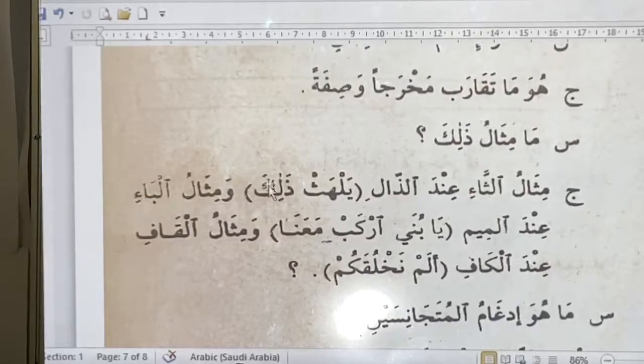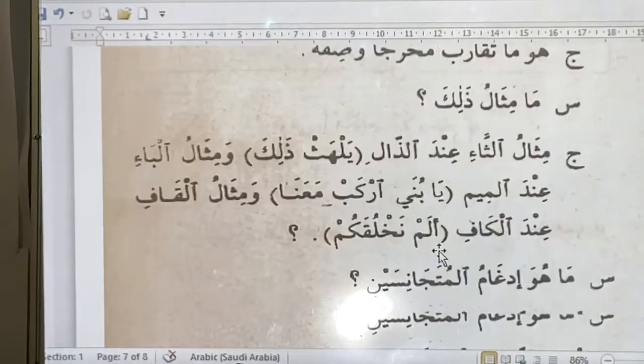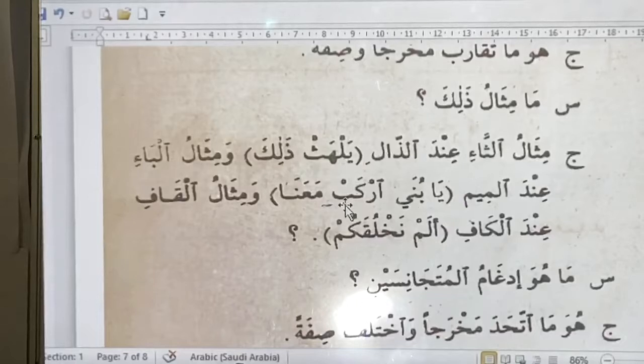ومثال الباء, and the example of ba, we have يا بني اركب معنا. We have ba sakin and mim. When you're pronouncing the two, you can tell that they are coming from the same makhraj. Ba comes from the lips, the destination of ba is the lips, and then mim is still coming from the lips, so they're neighbors.